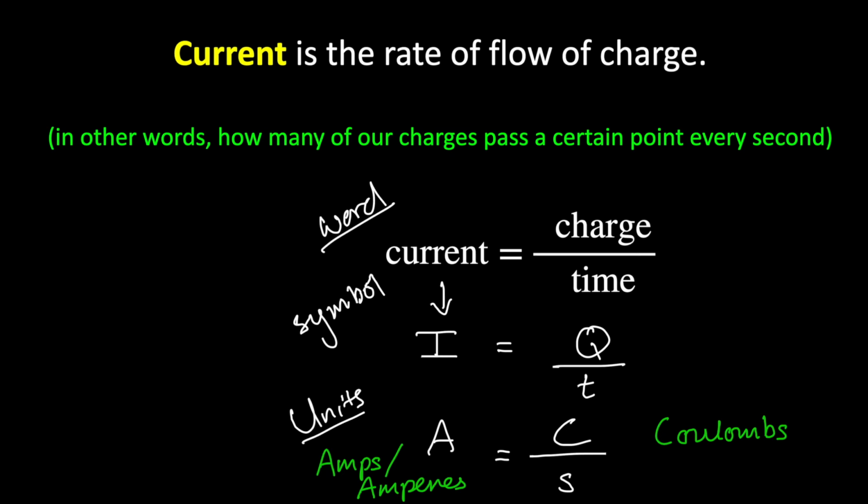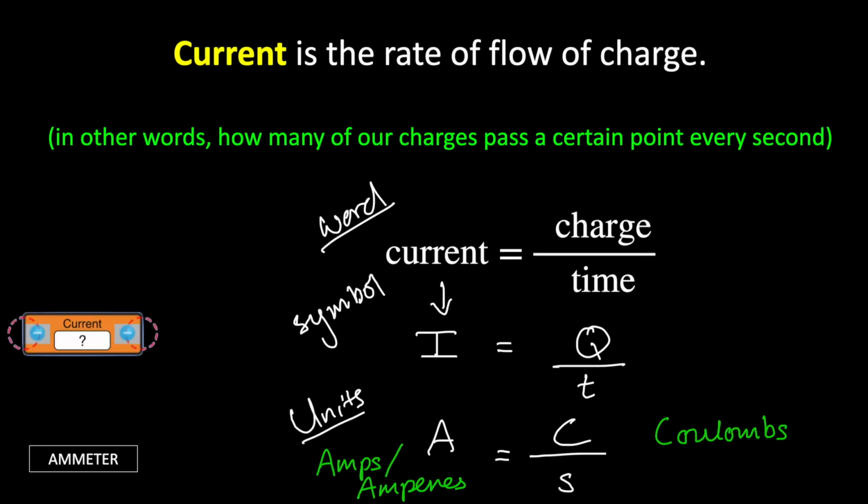We also need to note that current is measured using an ammeter. This looks a little something like this, but in a circuit, we represent an ammeter using a capital A and a circle, like so.